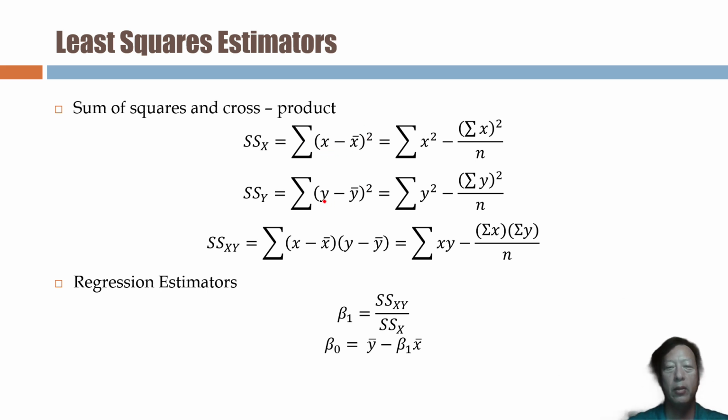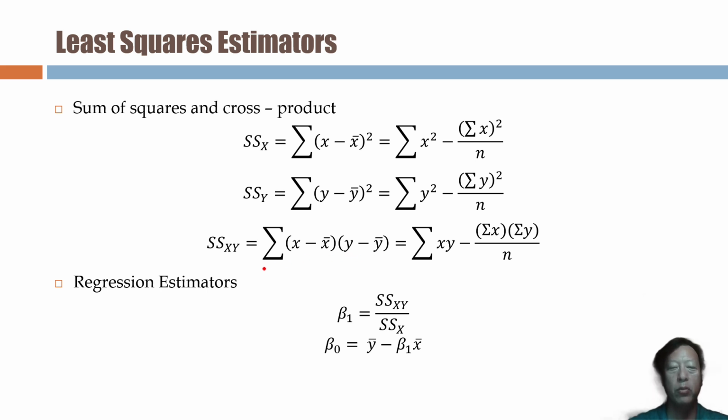This is a summation of squares for y. And since this is squared, instead of using x squared or y squared, you can calculate the sum of squares xy. So it's one part x and one part y.